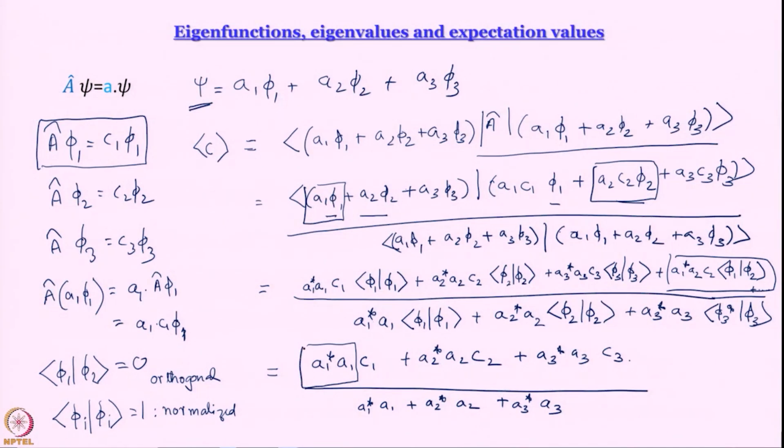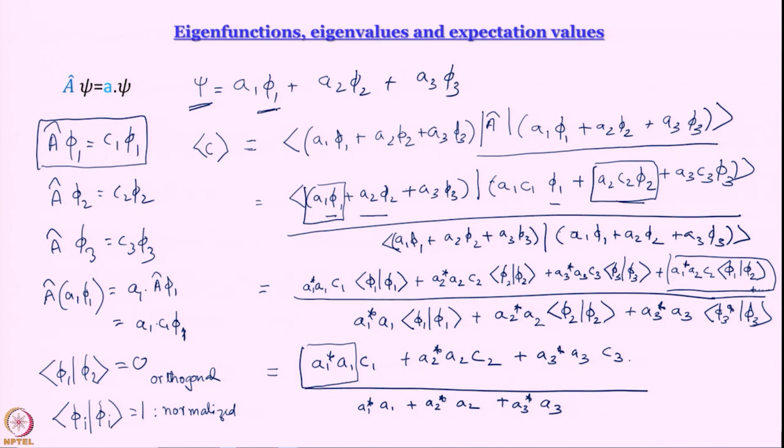So, the mod square of the coefficient of these wave functions gives you the fraction of times you are going to see a particular eigenvalue, alright. This is an important thing in quantum mechanics that we needed to know before we can go ahead further.